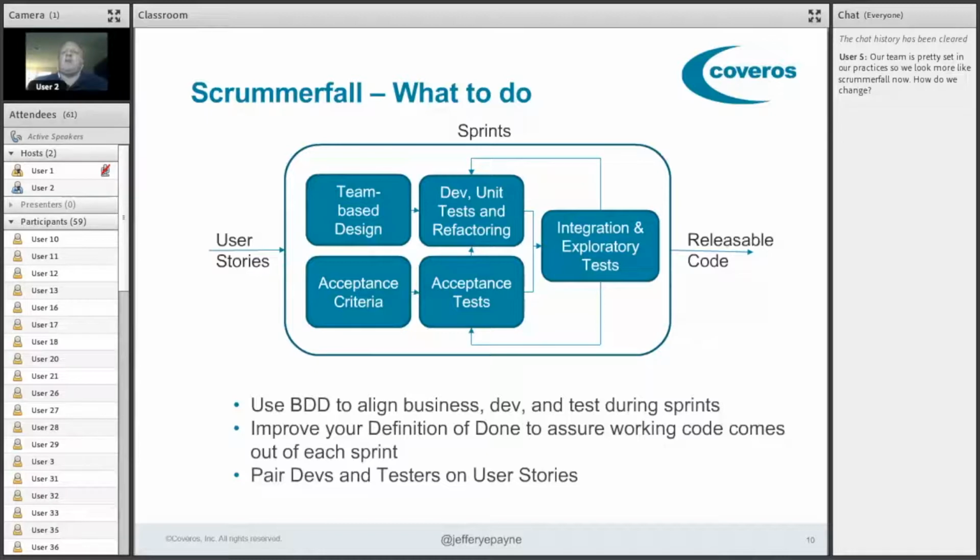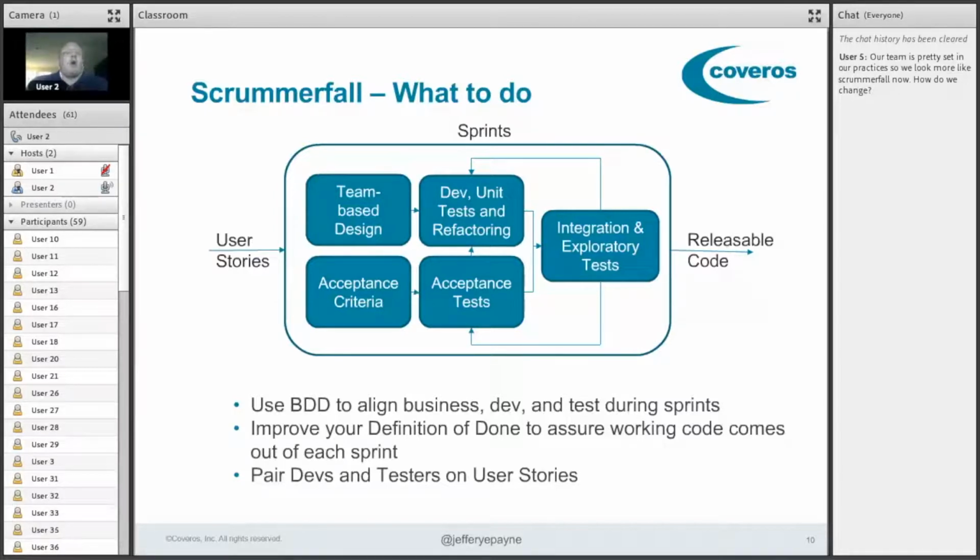Then we create acceptance criteria associated with the stories so that we know specifically what has to work and how it has to work for us to meet what the product owner is expecting to come out of this sprint. From our acceptance criteria, we create our acceptance tests up front so we can hand those off to the developer and they have a set of tests they can start testing against even before they have any code that's built.